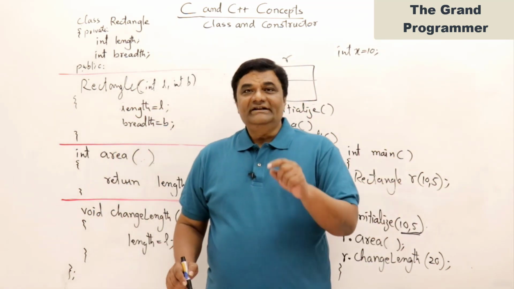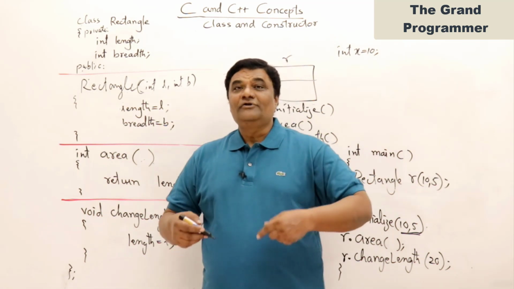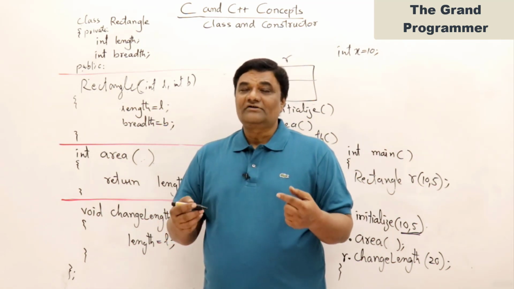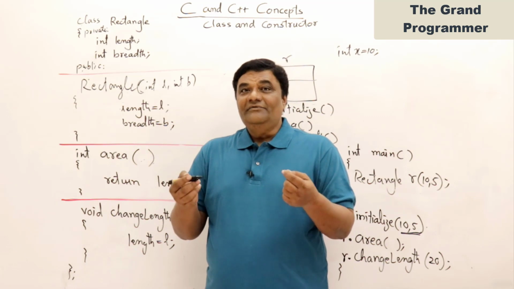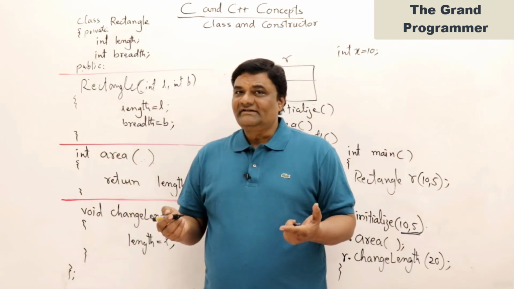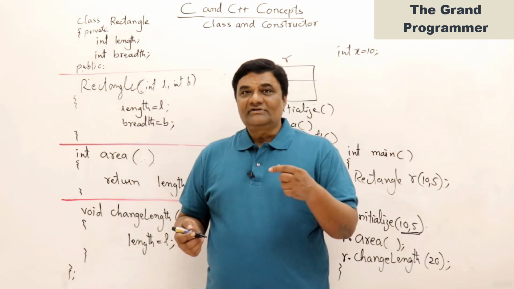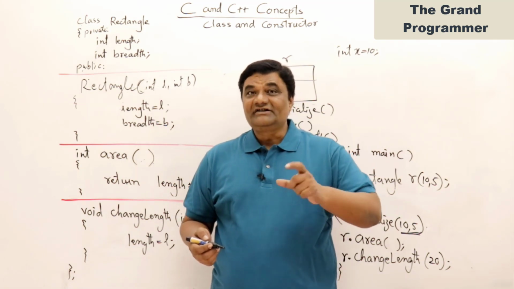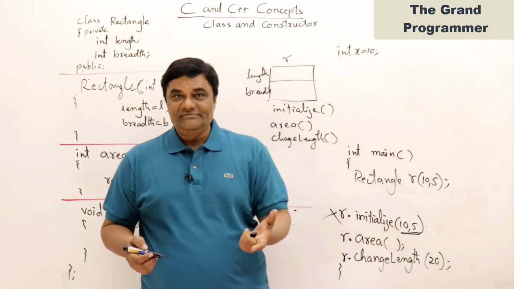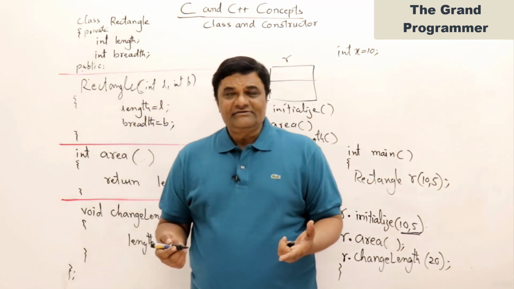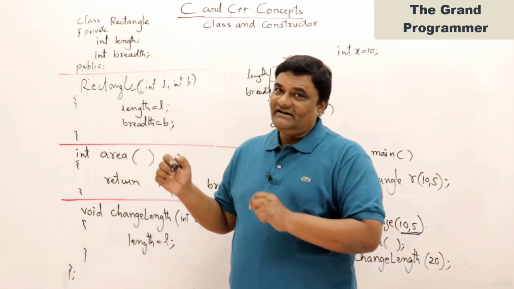It does the job of initializing an object. Instead of calling that function initialize, we are calling it a constructor and we are giving it the same name as the class name. So it's an initializer function. So a constructor, we say, is a function which creates and initializes the object. So that's why it has the same name as the class name.